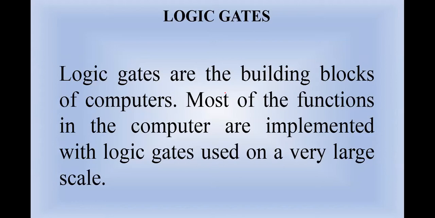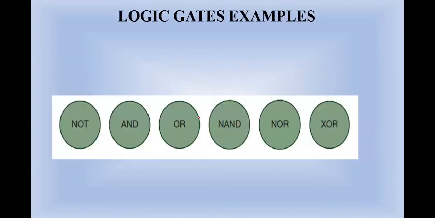By definition, logic gates are the building blocks of computers. So it means the entire circuit of a computer is made of logic gates. You'll be able to understand these as we go into the details.